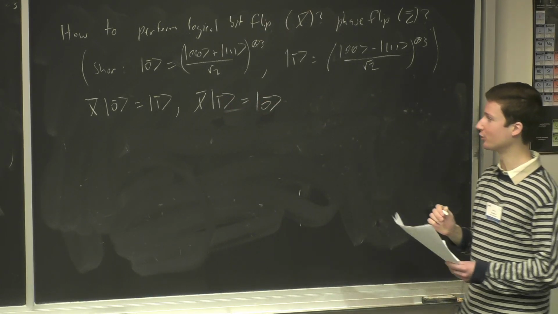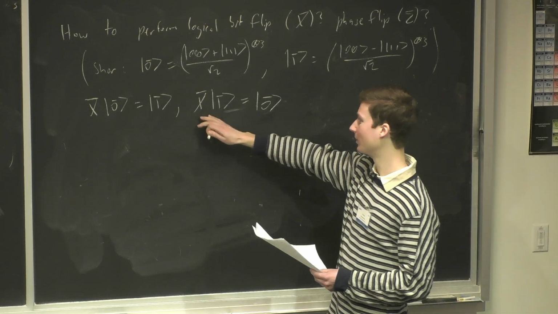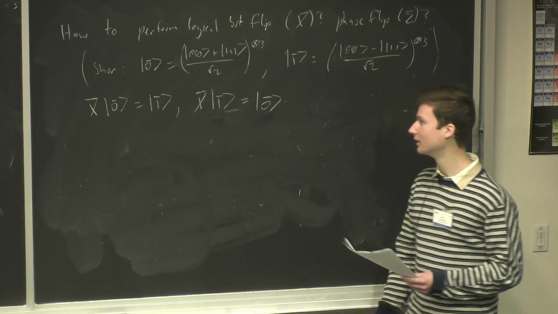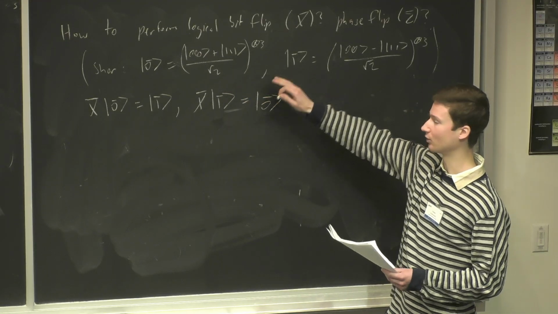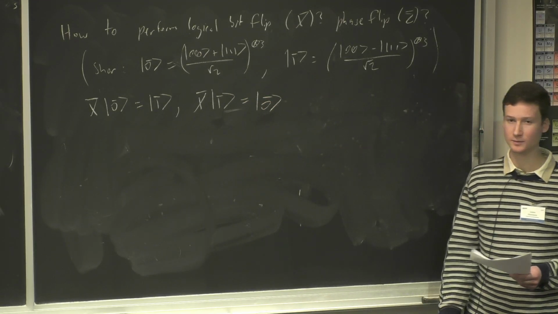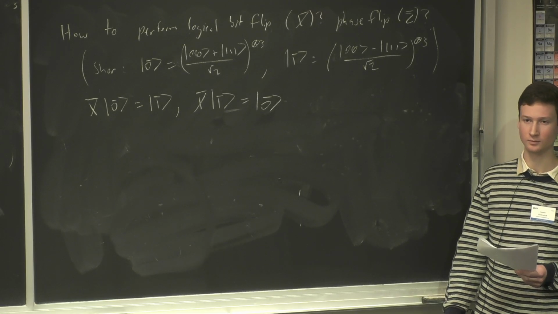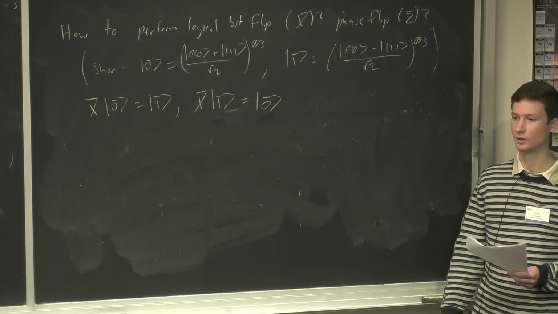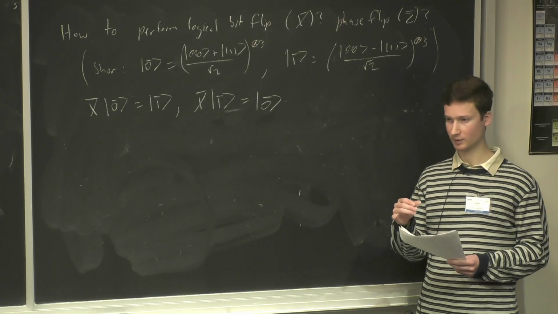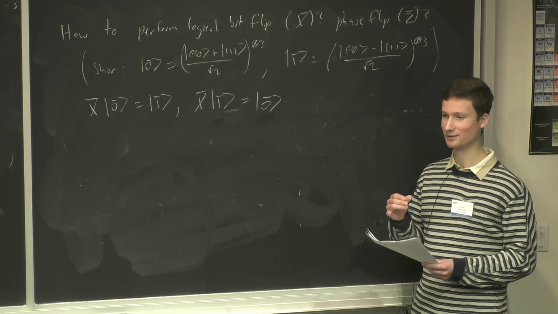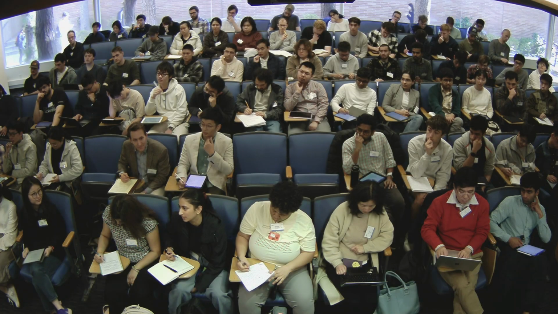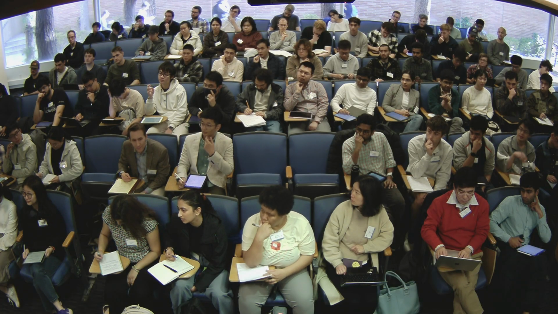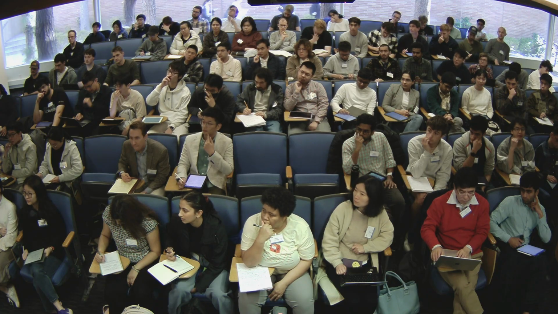So does anyone see a valid choice, maybe an n-qubit Pauli operator, a product of Paulis, that maps logical 0 to logical 1 and logical 1 to logical 0? A combination of Zs. Do you have a suggestion for which ones? So Z1, Z2, Z3.